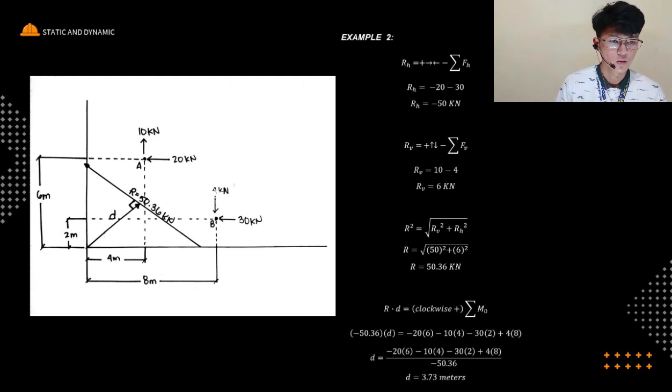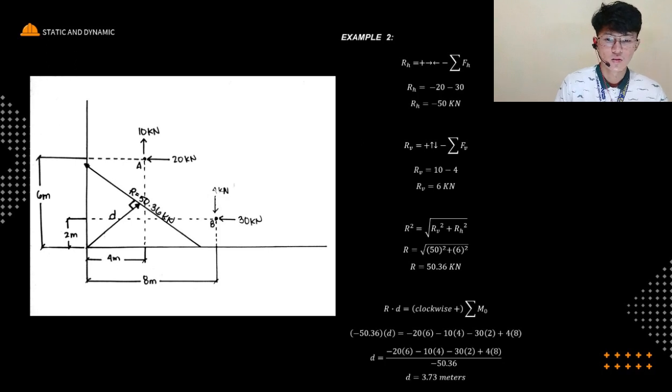So RV equals 10 positive dahil papunta sa taas and negative 4 dahil papunta sa baba. So RV equals 10 minus 4. So makakuha nating RV is 6 kN. And then para makuha yung resultant, using the formula, R equals the square root of RV squared plus R horizontal squared.